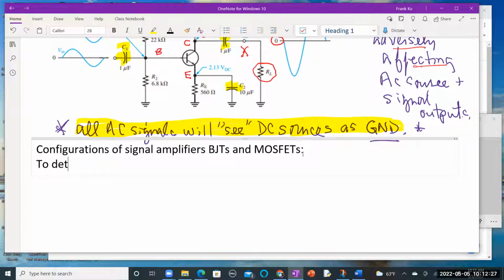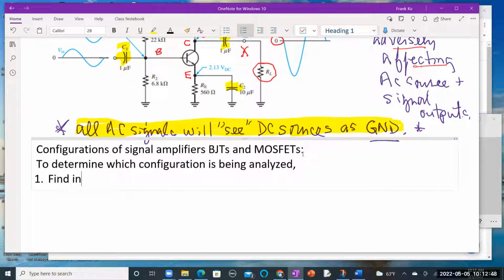To determine which configuration is being analyzed: number one, find the input lead of the transistor. Find the output lead of the transistor.